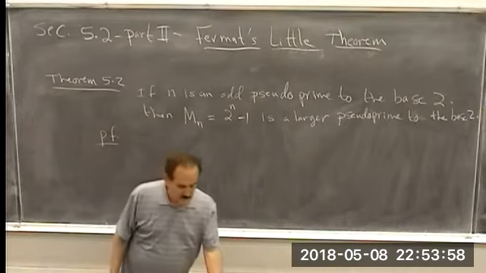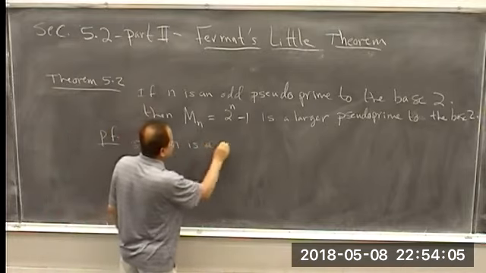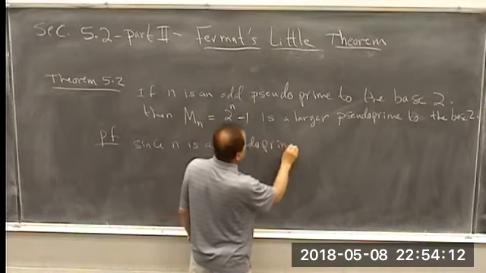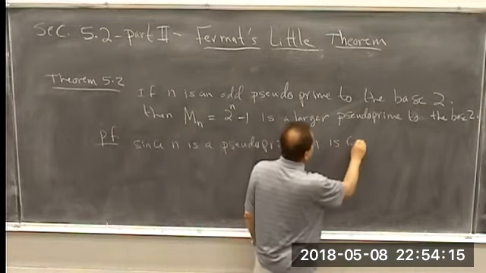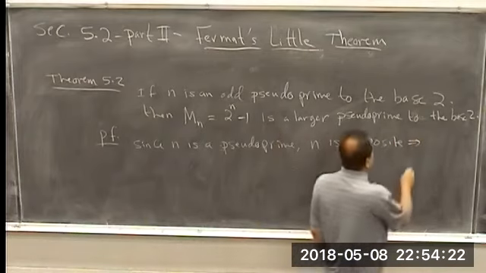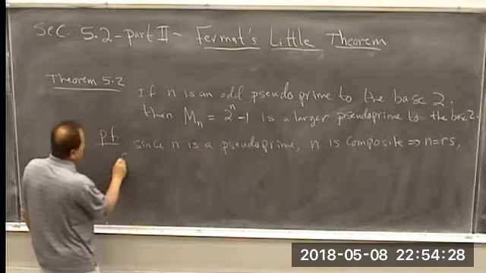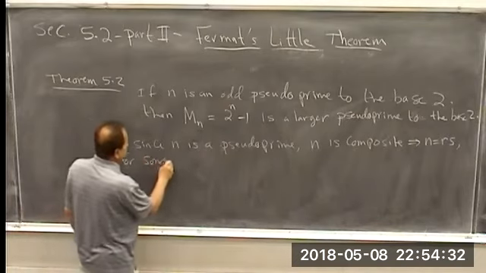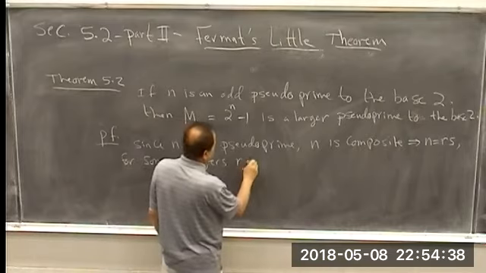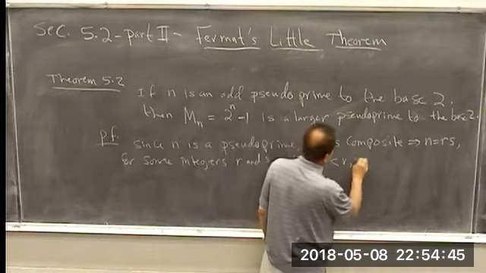So first of all, since n is a pseudo-prime, n is composite, and this implies that n is equal to rs for some integers r and s with 1 < r, s < n.